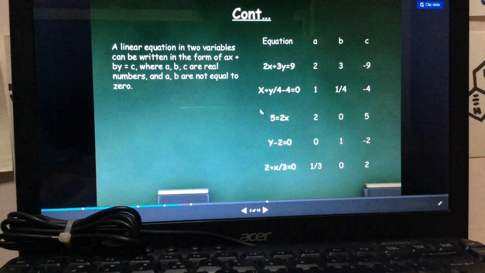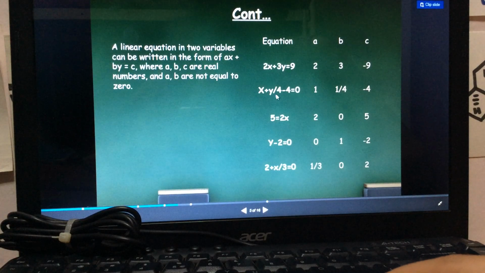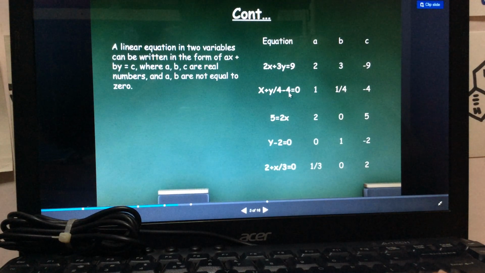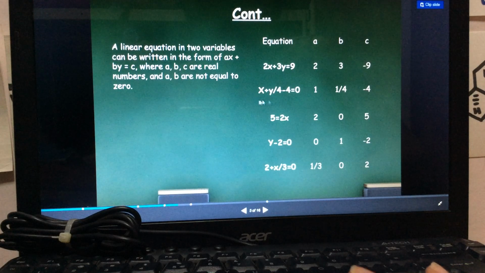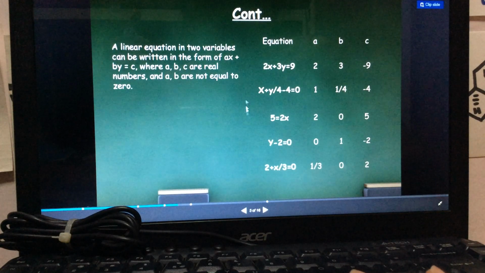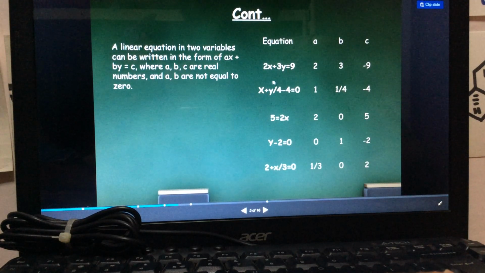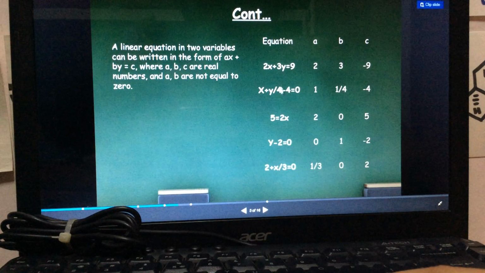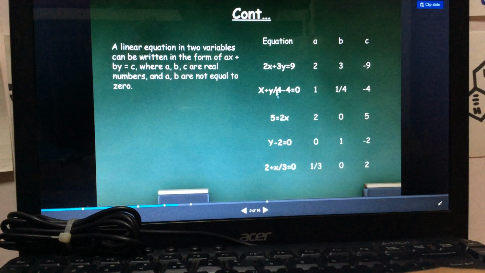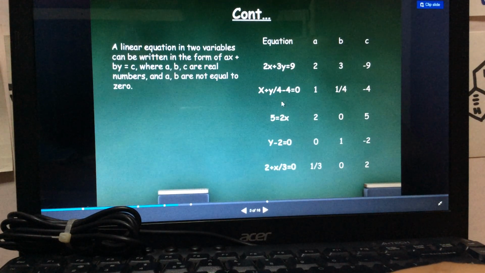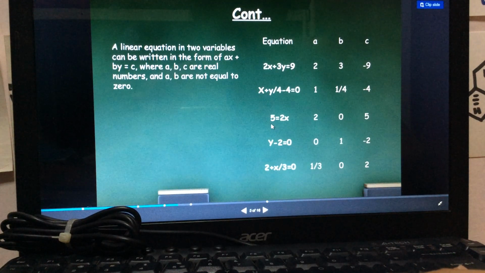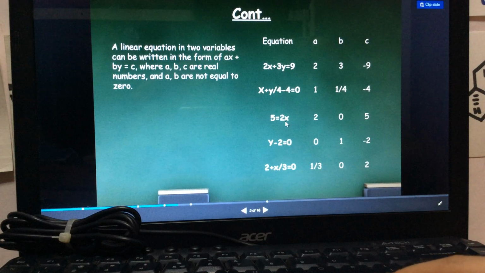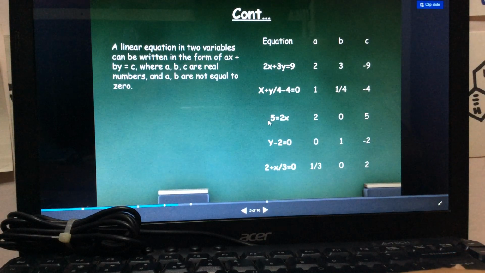Another example, x plus y over 4 minus 4 equals 0. So a is 1, b is 1 over 4, and c is negative 4. Another, 5 equals 2x, so a is 2, b is 0, c is 5.